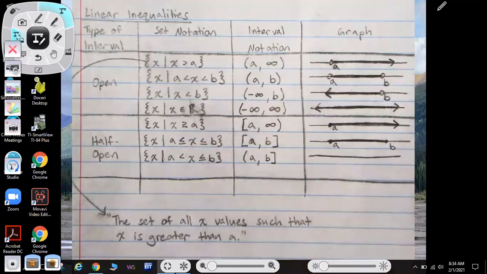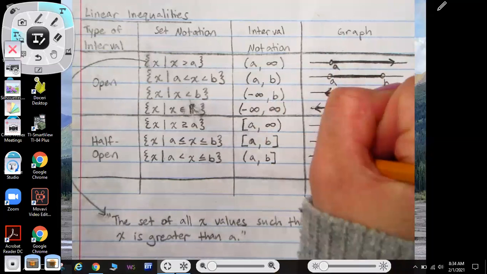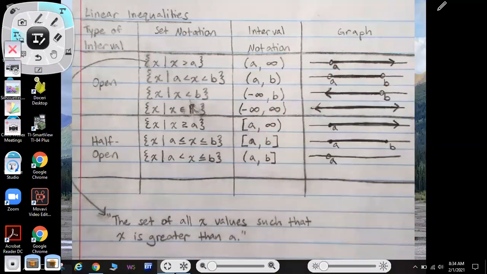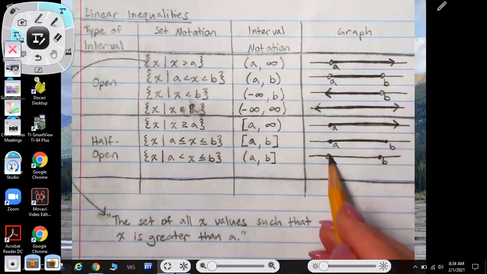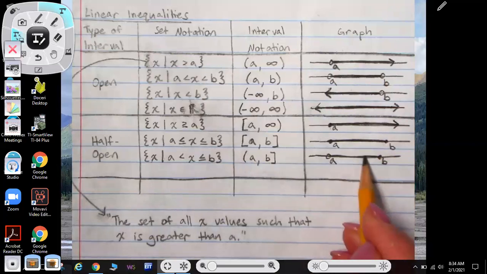That means our graph has an open circle at A but a closed circle at B, and X is anything between those, so we are still shading between A and B.